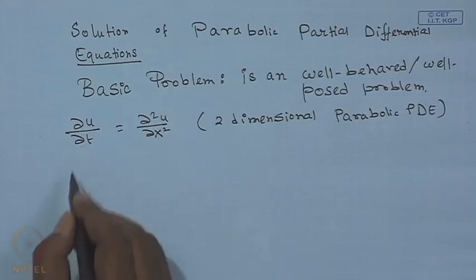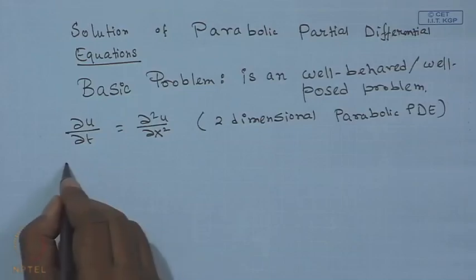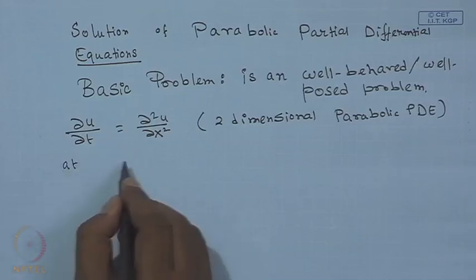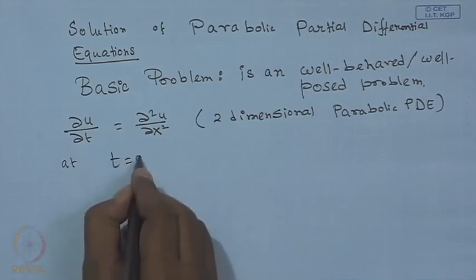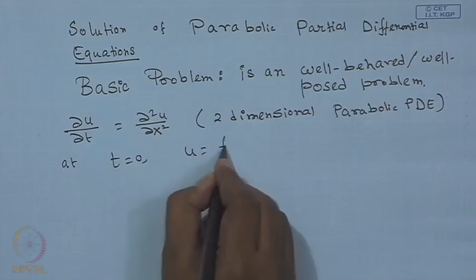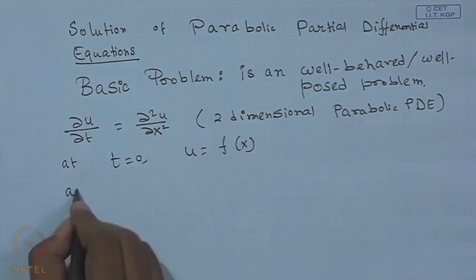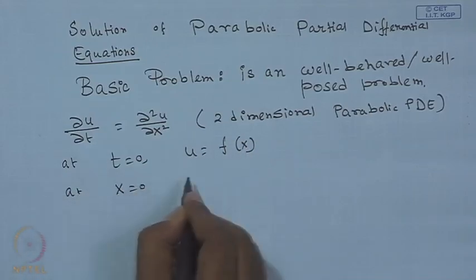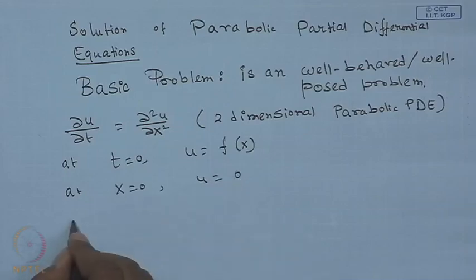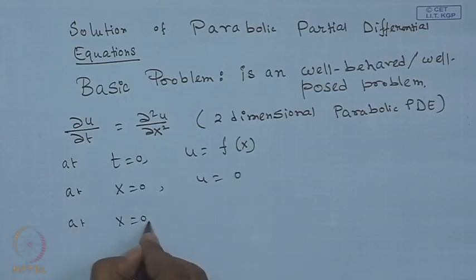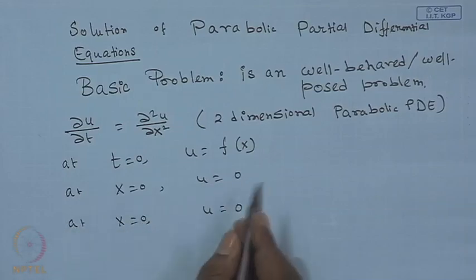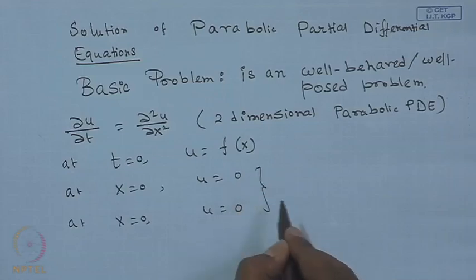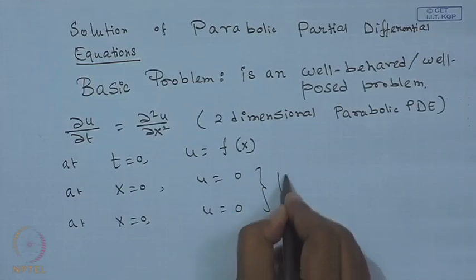Now, for this problem, if the initial condition is non-homogeneous, at t equal to 0, u is equal to f of x, and at x equal to 0, u is equal to 0, and at x equal to 1, u is equal to 0. That means you have homogeneous Dirichlet boundary conditions.